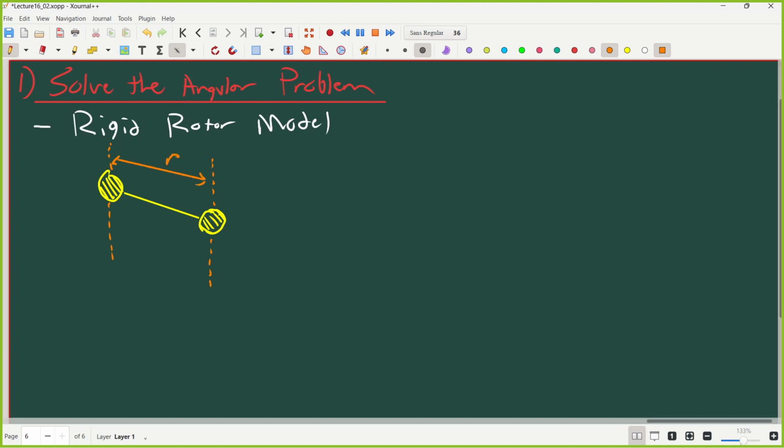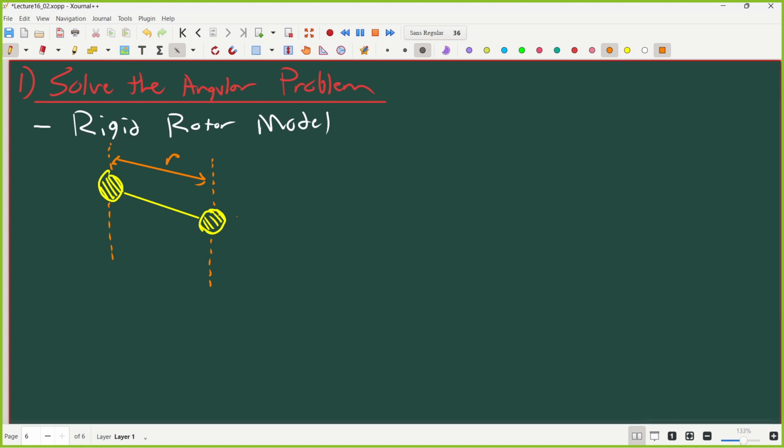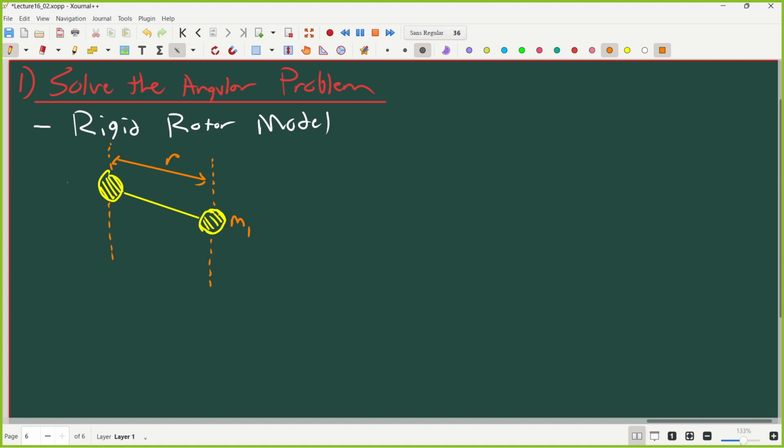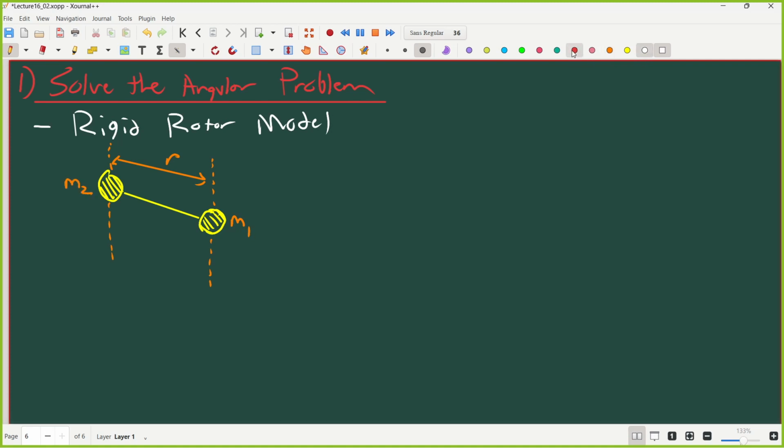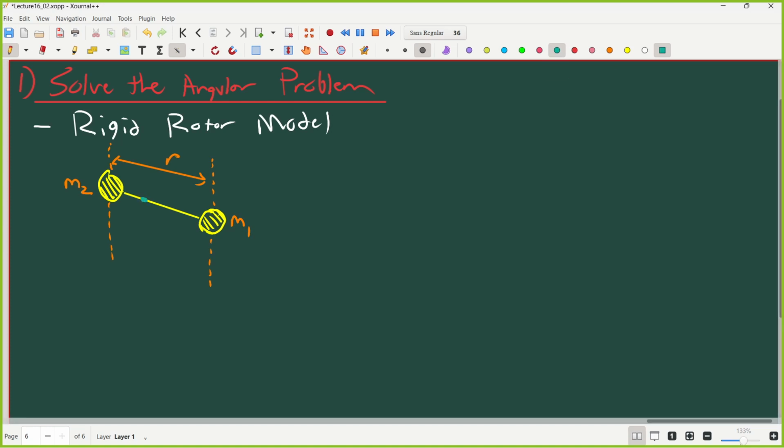I don't want to think about bonds just yet. We have two masses, M1 and M2. And just like we did for the harmonic oscillator, we can define a center of mass. So there's our center of mass here.